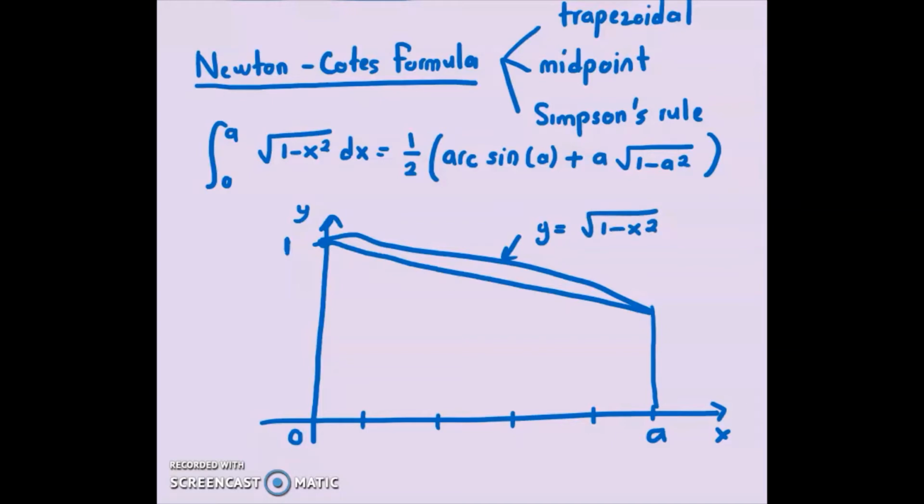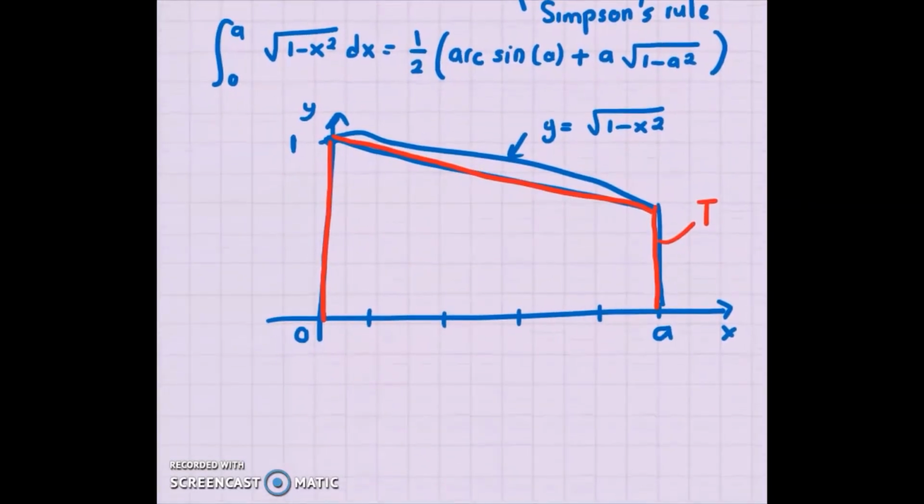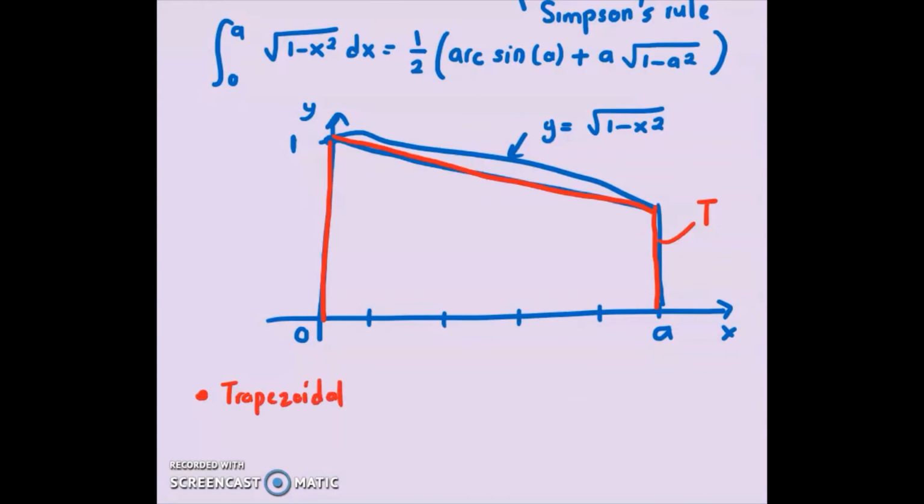Let's find the area for this curve, and I call this whole thing T. The trapezoidal rule is given by T equals (b minus a) times (f(a) plus f(b)) divided by 2.